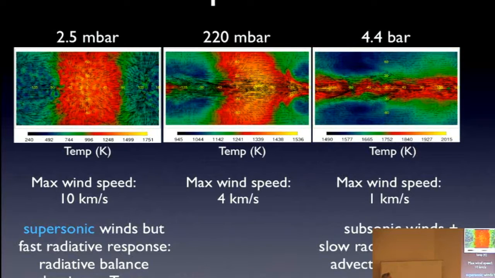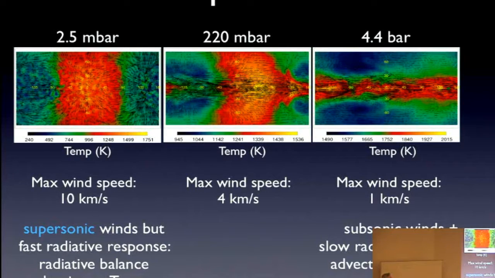You might see, I don't know if it's very clear, a lot of arrows pointing in this direction, which is eastward. So around the equator, you have a coherent flow going in a positive eastward direction. And that's the superrotation I was mentioning before.